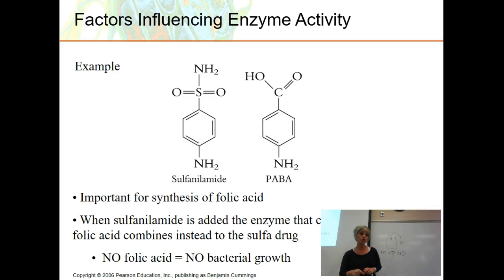So what happens is when you take a sulfa drug, that competitive inhibitor jumps into the chemical reaction in place of PABA. So therefore, do you make folic acid? No. And if you don't make folic acid, bacteria die. That's how that drug works.